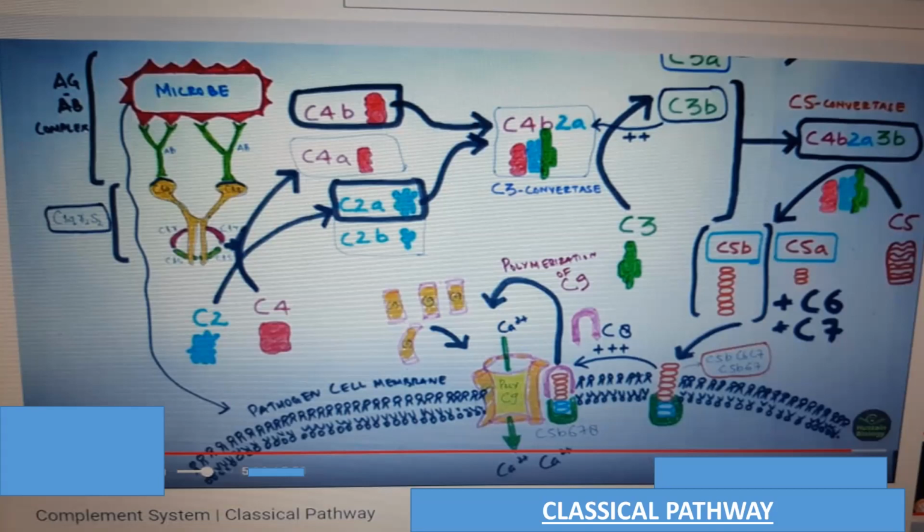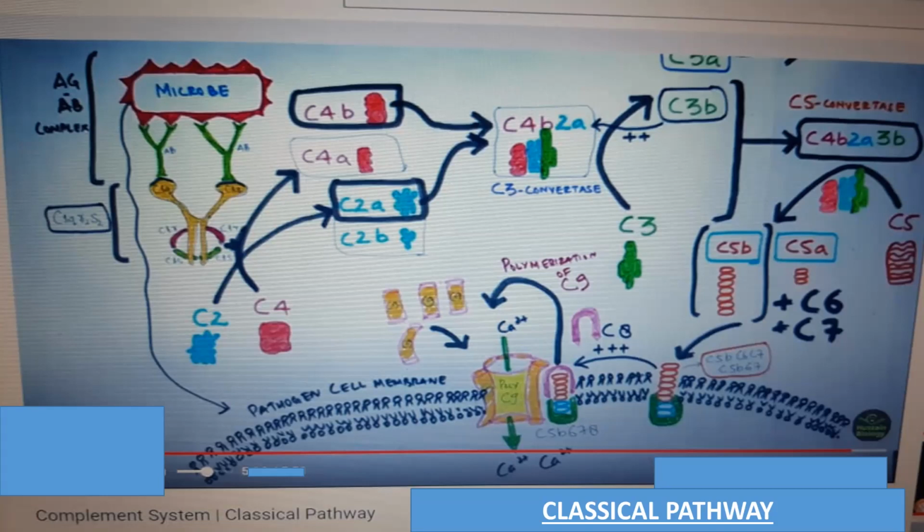This is the surface of the cell. After combining these components, C5 combined with C6, 7, and 7 combined with 8, and 8 combined with 9, the polymerization is taking place, and this is the surface of the cell where the pore formation will take place.